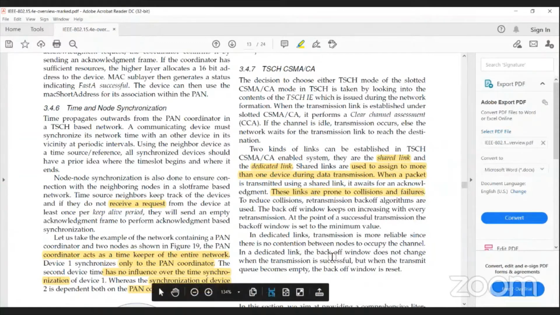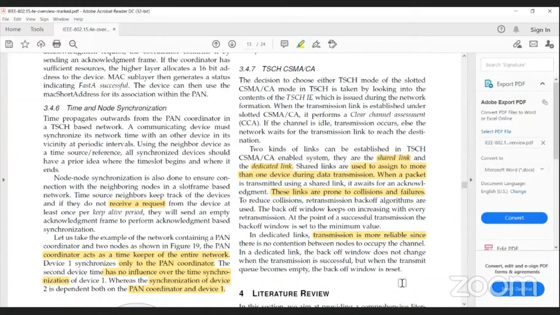Whereas if you take the dedicated links, this is very important. They are more reliable, with no contention between nodes to occupy the channel. In a dedicated link, the backoff window does not change when the transmission is successful. But when the transmit queue becomes empty, the backoff window is also reset.